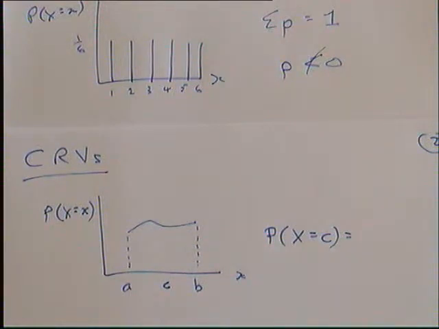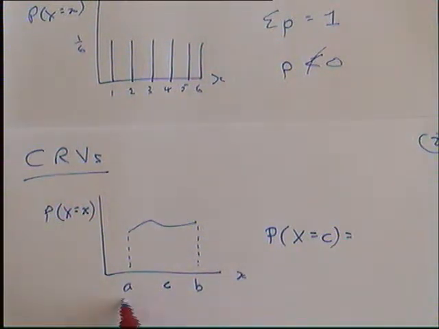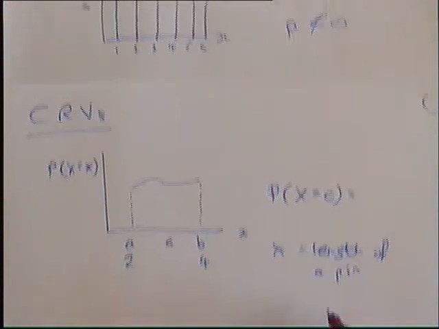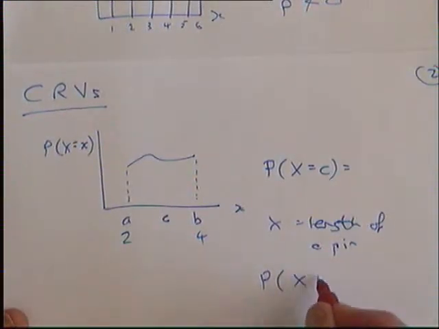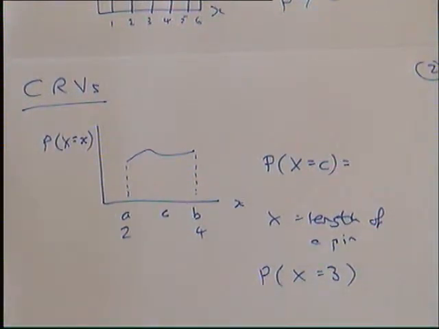Maybe I'm pushing my luck a little bit there. The probability that X equals C. Let's say that that was 2, that was 4. Let's say that X is the length of a pin. So let's say the question was, what's the probability the length of the pin is 3? Let's talk in centimetres. Anybody going to have a go? 0.